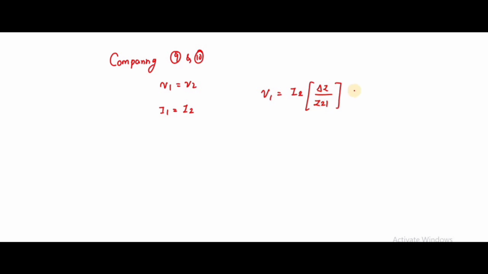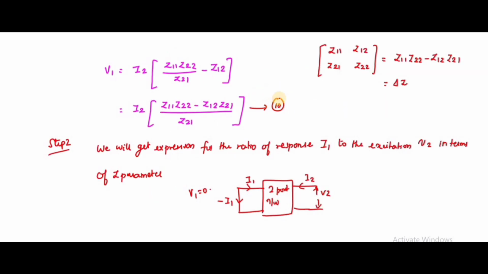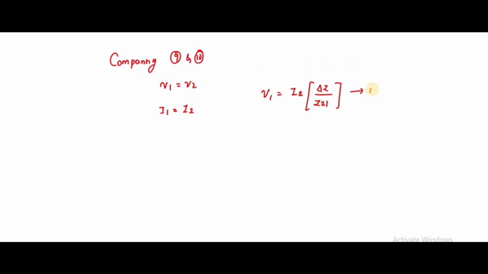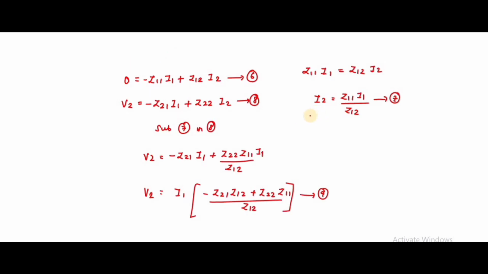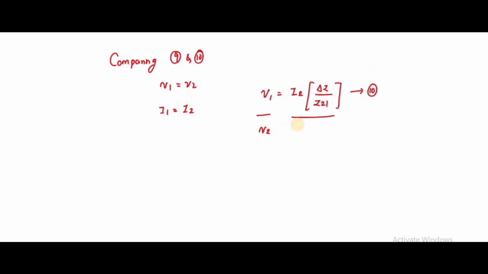And what is V2 from the 9th equation? V2 is I1 del Z divided by Z21. So Z12. So here since V1 and V2 are the same, both get cancelled out, and I1 and I2 also cancel out, and del Z and del Z also cancel out.